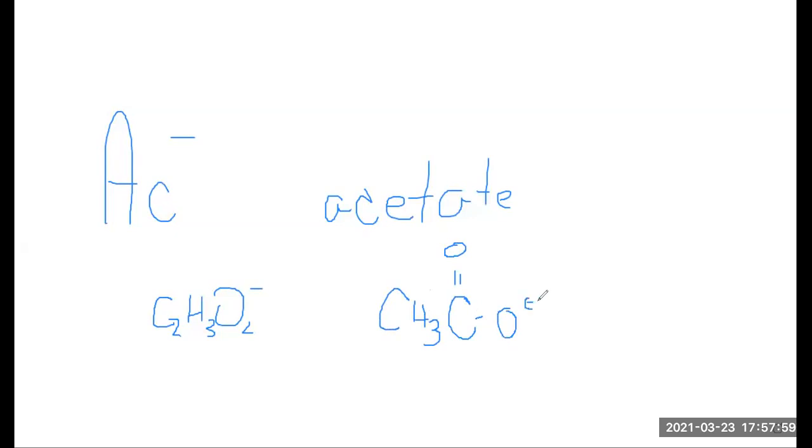This is your negative charge. So I forgot a bond. There's my missing bond. So all of these things mean the same thing. AC minus, like I said, is a biochemistry shorthand for it. And then acetate as a word. Then we have the standard inorganic looking version of the formula. And then we have a structural formula. They all mean the same thing.